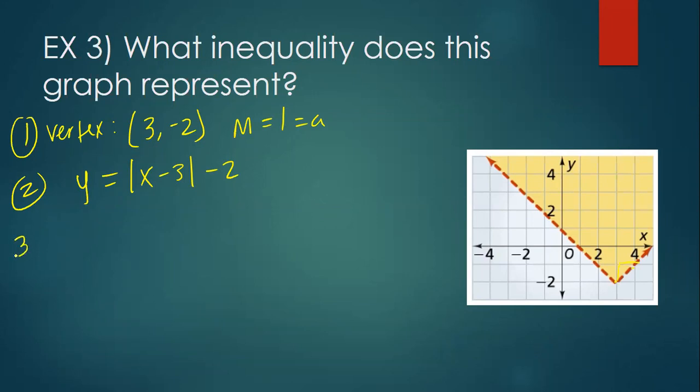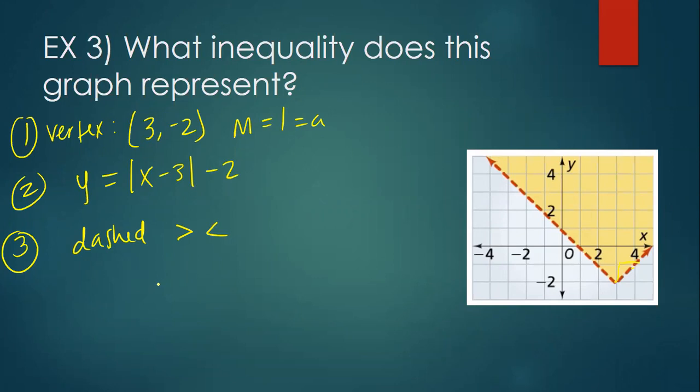Step 3 is to determine, is it dotted or dashed? I said dotted or dashed, it's the same thing. Is it dashed or solid? So we have dashed. So we know we're either using less than or greater than.